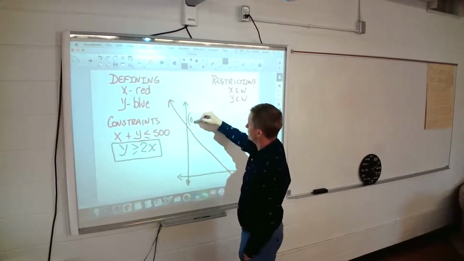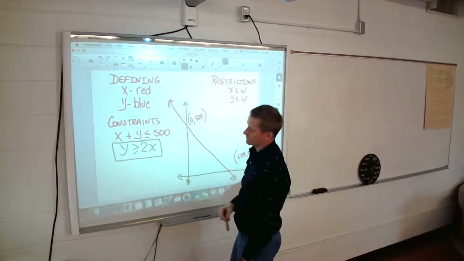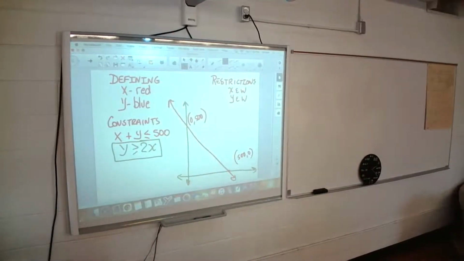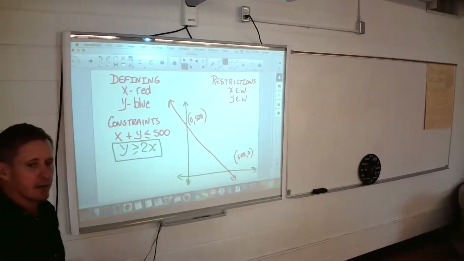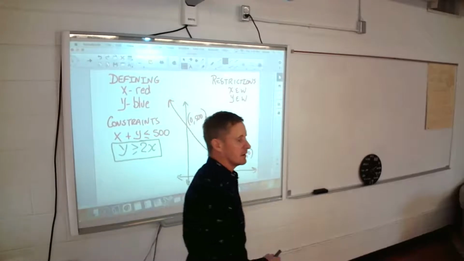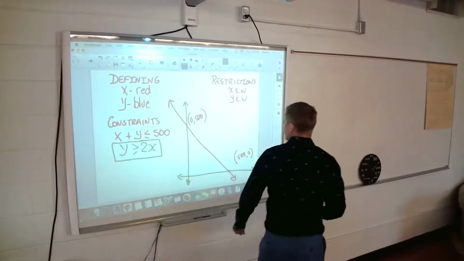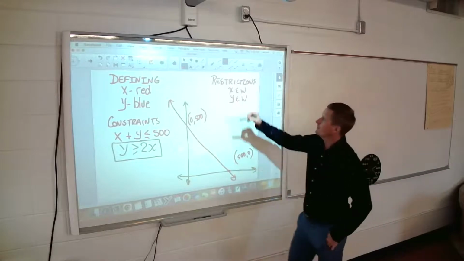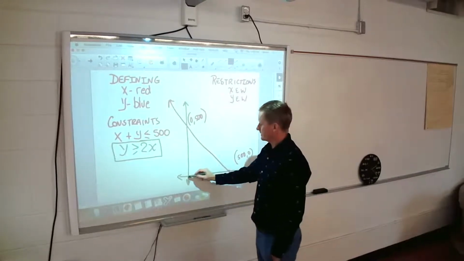This coordinate here is 0 and 500. I just use my intercepts to graph that line. When I have large numbers like that, that's usually what I'll do. I'll use my intercepts.